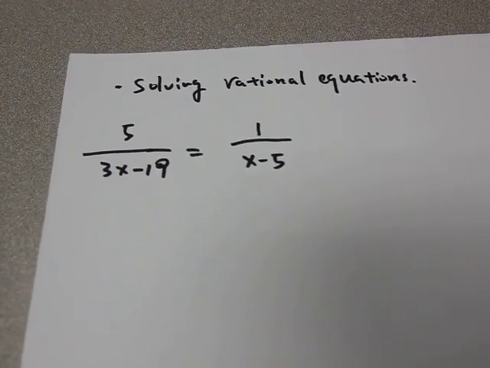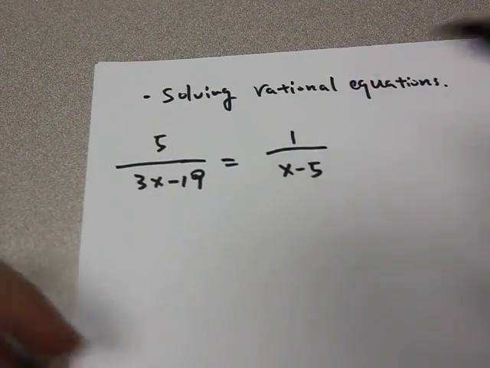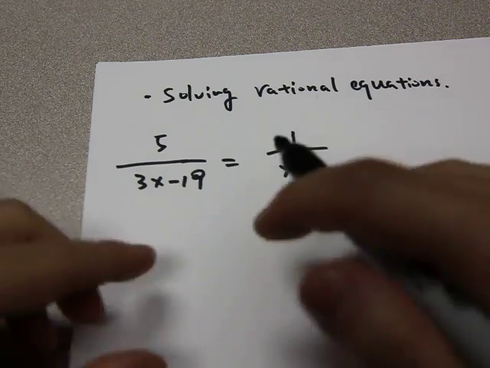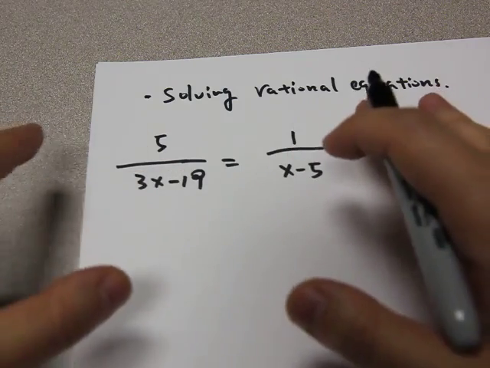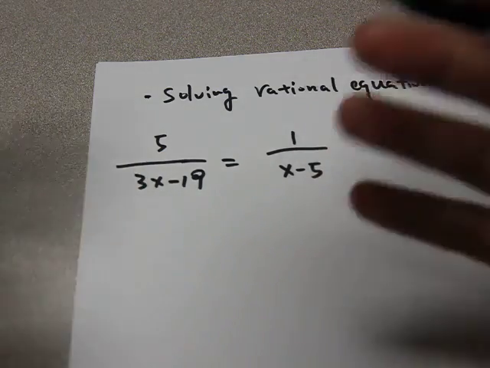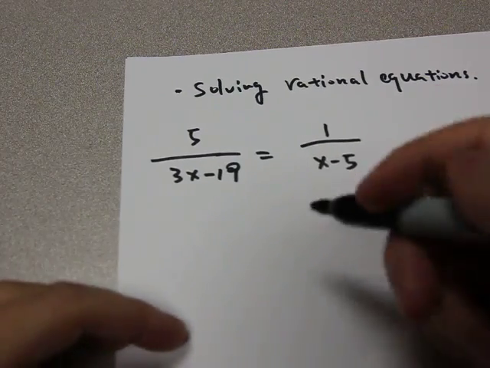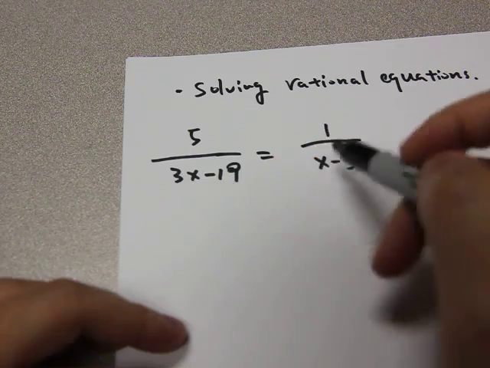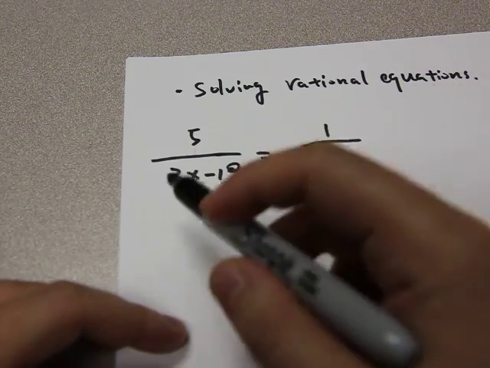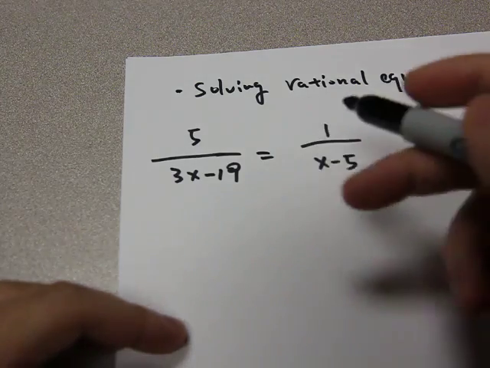So now let's take a look at how to solve rational equations. To solve a rational equation means we're looking for the x values, the numbers that make each side of the equation be the same. In other words, we're looking for the numbers that make the equation true. For this equation, the easiest way is to multiply the least common denominator on each side.